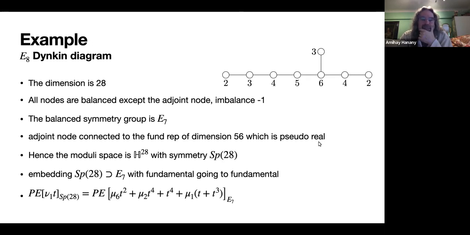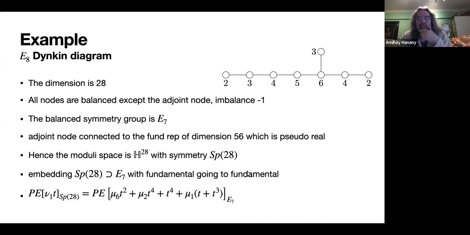So I get an embedding of a pseudo-real representation to pseudo-real. The moduli space is half of that, H28, in the symmetry group SP28, and I get the embedding SP28 goes to E7 with the fundamental of SP28 going to the fundamental of E7.